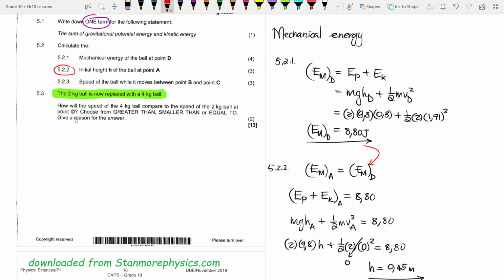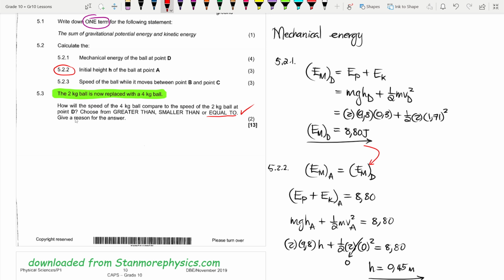So it's definitely going to be equal to, and I mean 2 marks, this means they're going to mark 1 for equal to and then 1 for the reason. So we mainly just need 1 reason. What can we say? Mass does not affect. Yeah, something like that.